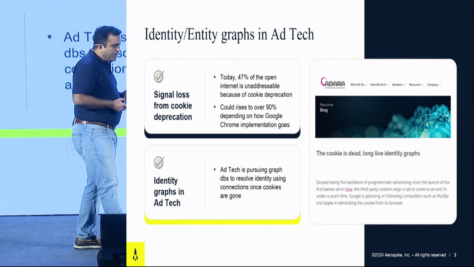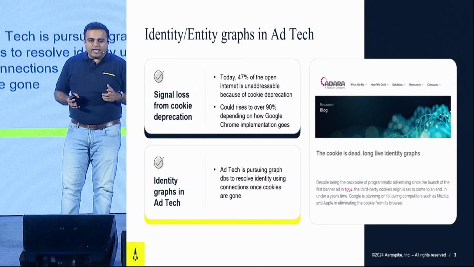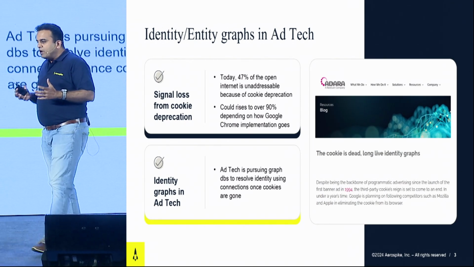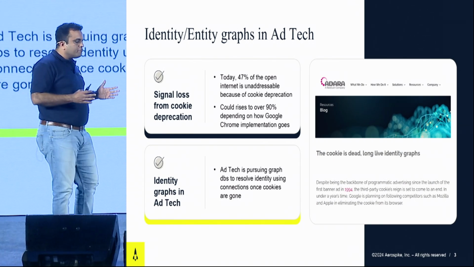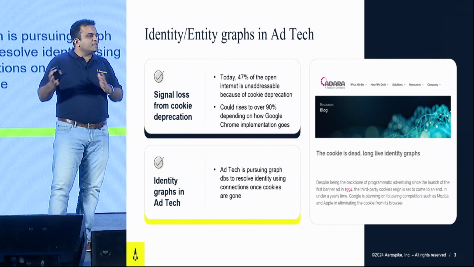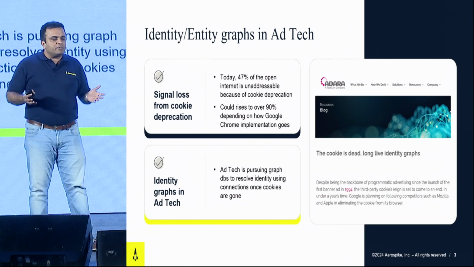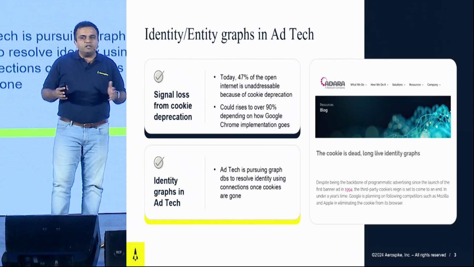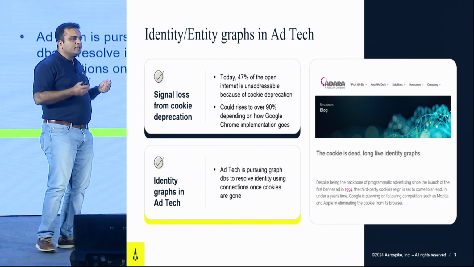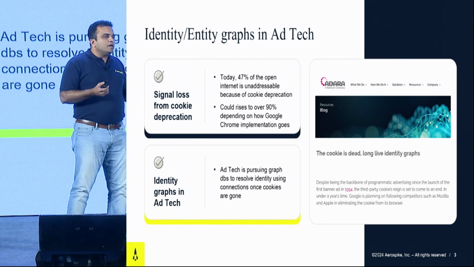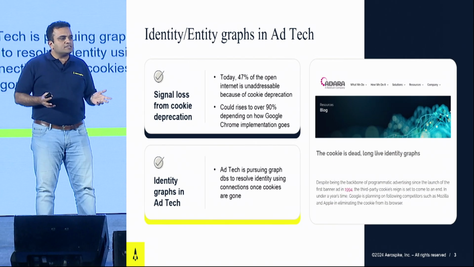This is the problem the industry faces right now, and devices powered by Google Chrome are also on the brink because they are also looking at deprecating cookies for various other reasons. If that happens, it's going to lead to around 90% signal loss on the internet, where you will not be able to identify who is trying to use your systems through various devices.